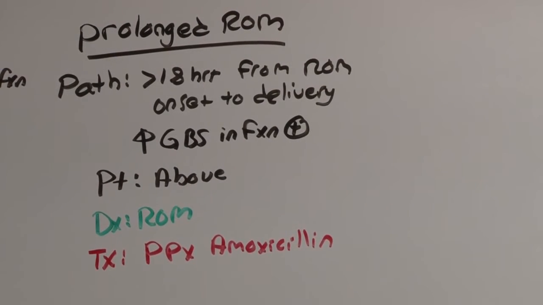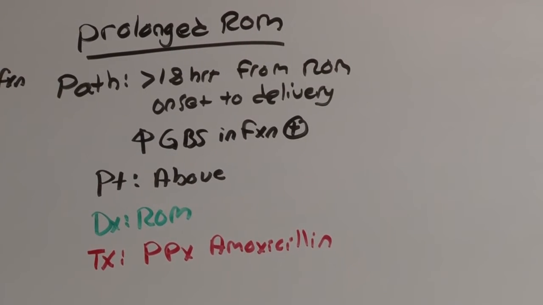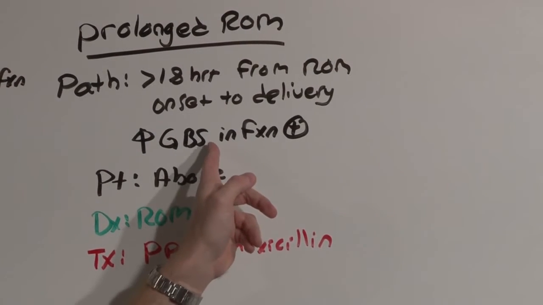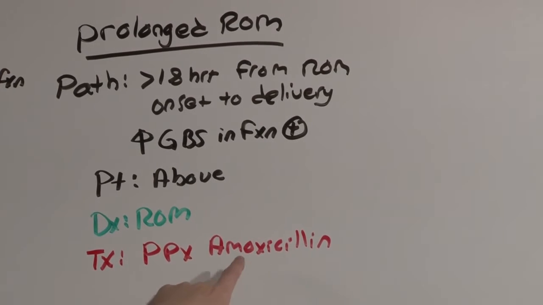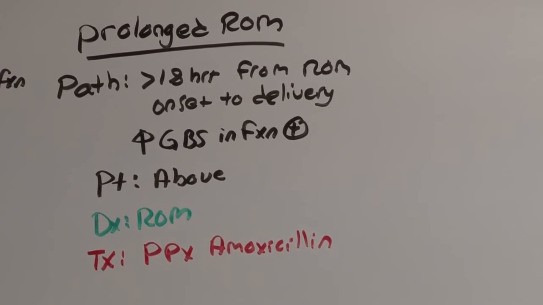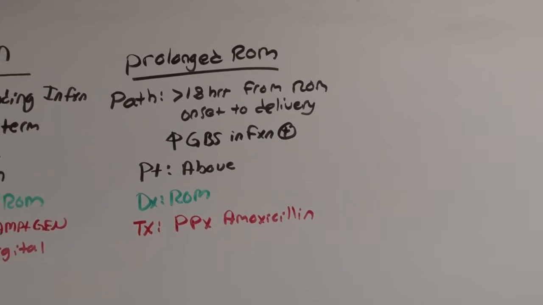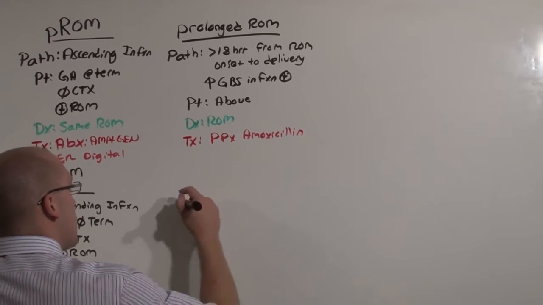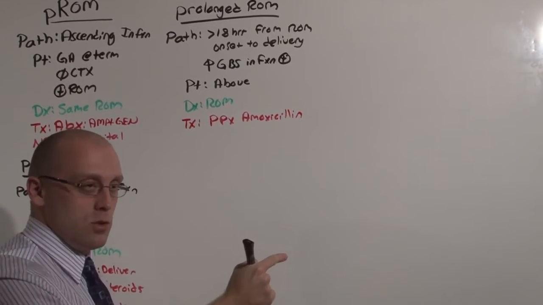So this is the case where mom goes through a totally normal pregnancy. She just takes too long to get baby out. You want to make sure she's not GBS infected, so you prophylax with amoxicillin. And the reason why you don't want to leave ROM open for too long, and the risk you run of dealing with preterm and premature ROM, is that you can get that ascending infection into the uterus.